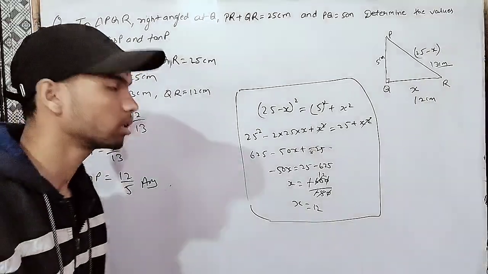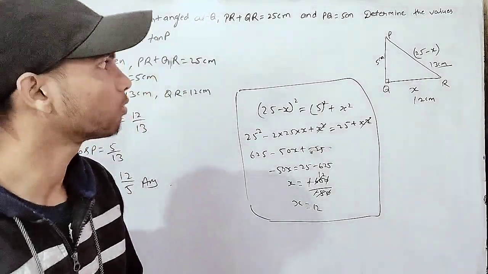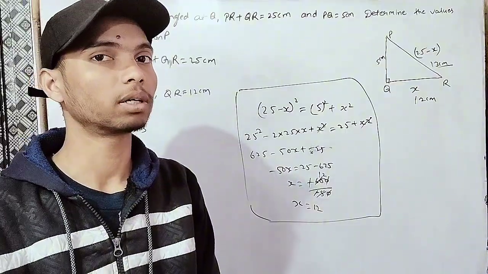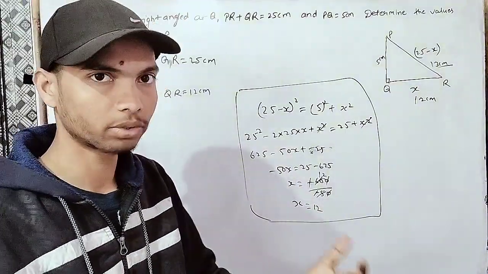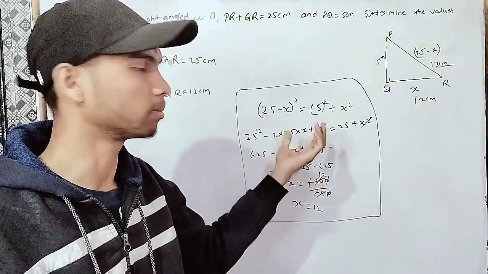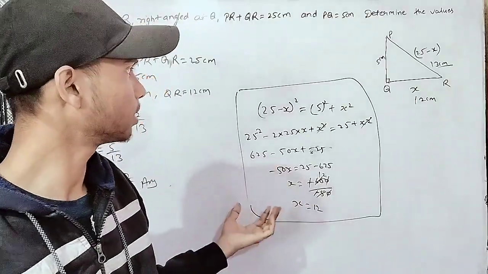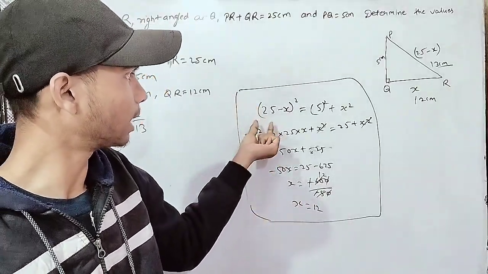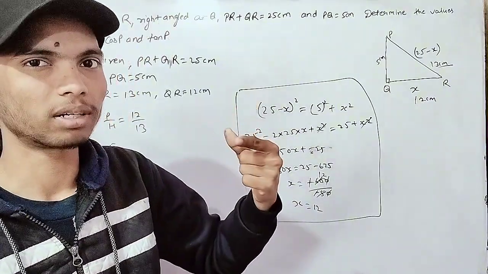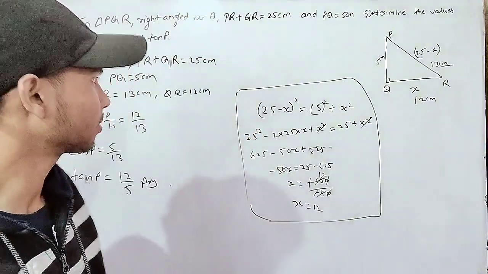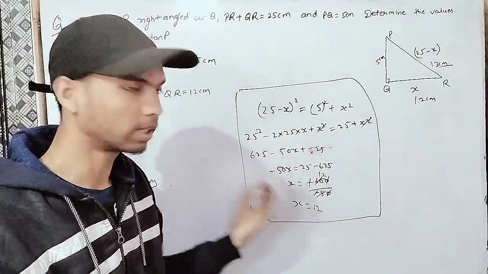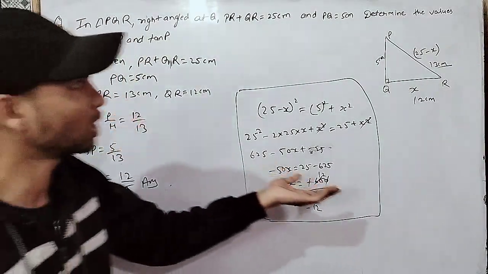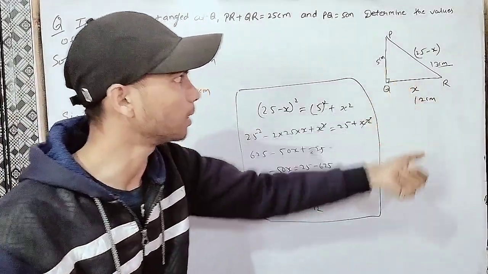First of all, we didn't know the exact value of PR and QR. So we applied Pythagoras theorem. Then we had our a minus b square algebraic equation. Then we solved it. After this solving, we have the exact value of QR and PR.